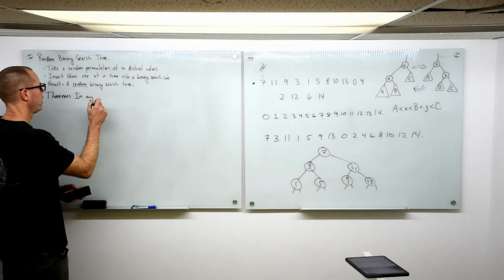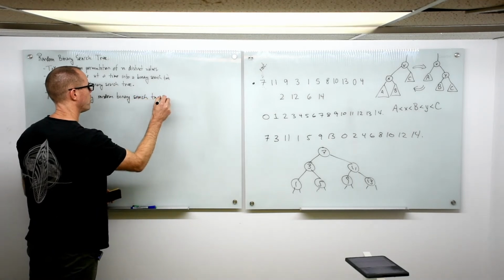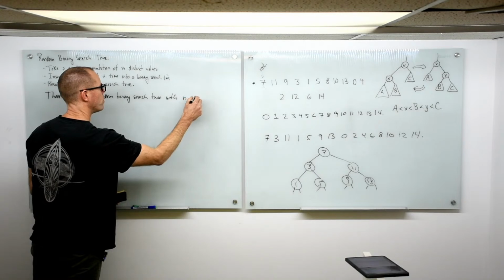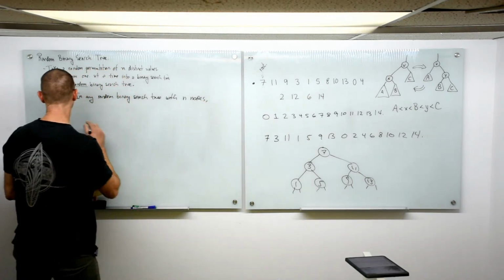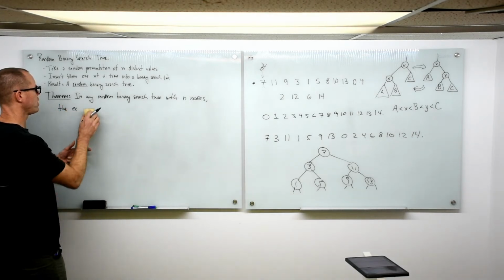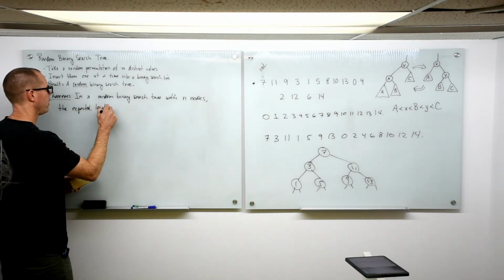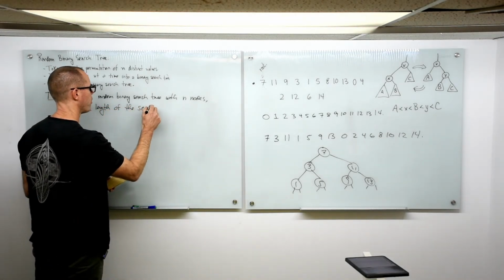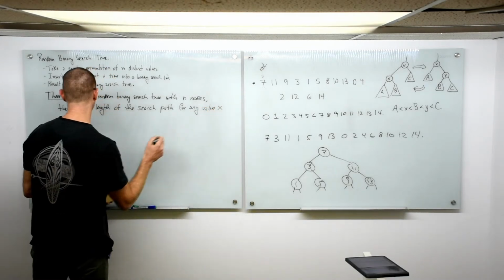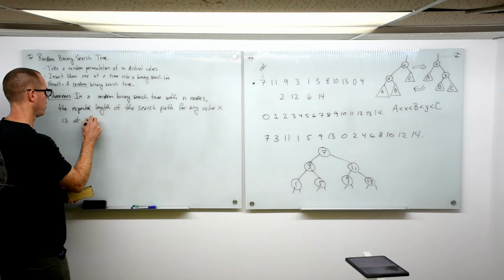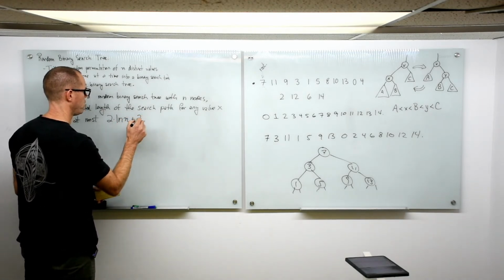In any random binary search tree with n nodes, the expected, I shouldn't say any, in a particular one, the expected length of the search path for any value x is at most 2 times the natural logarithm of n plus 2.